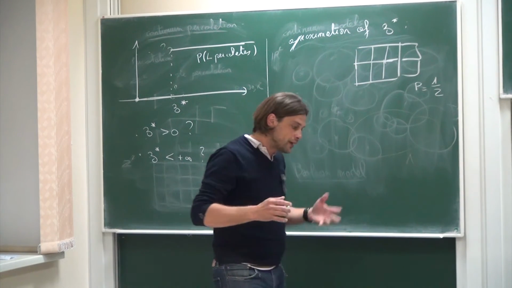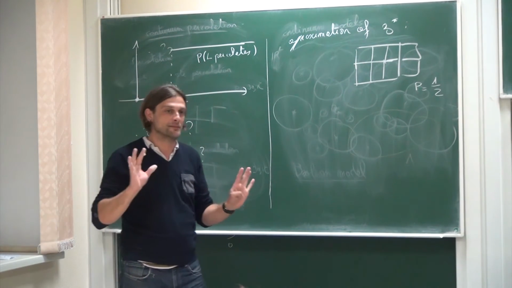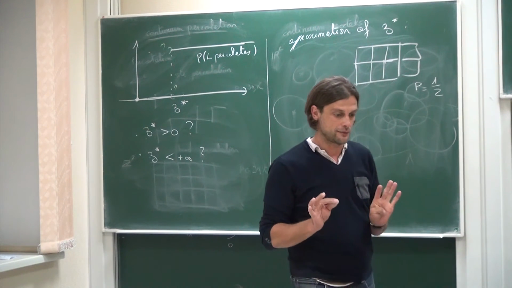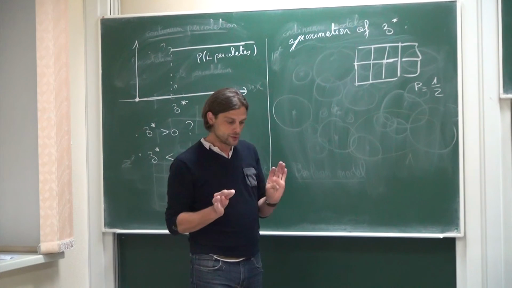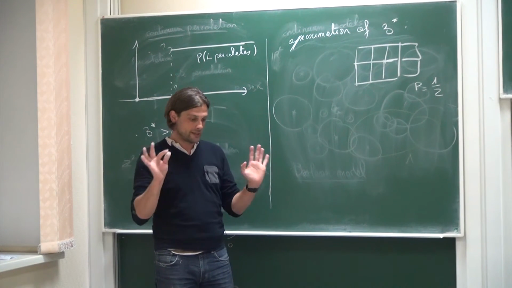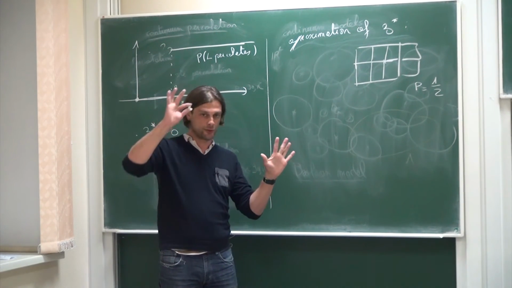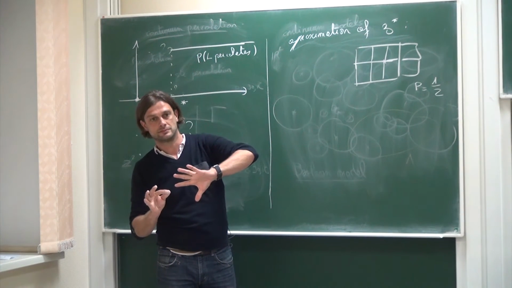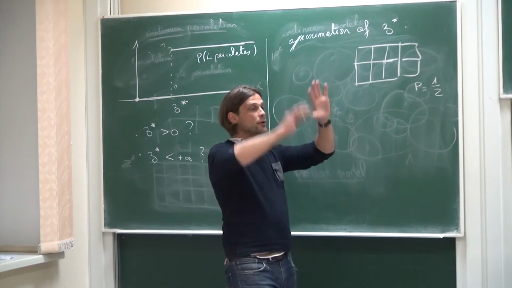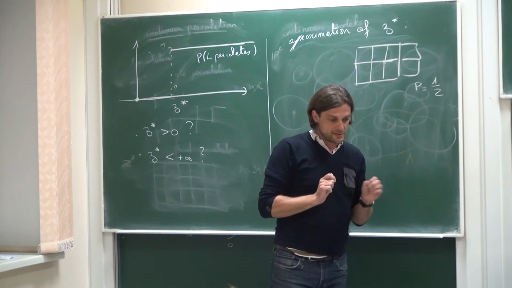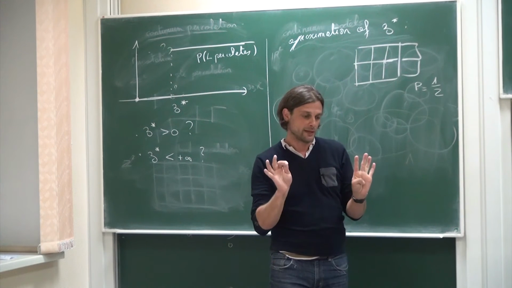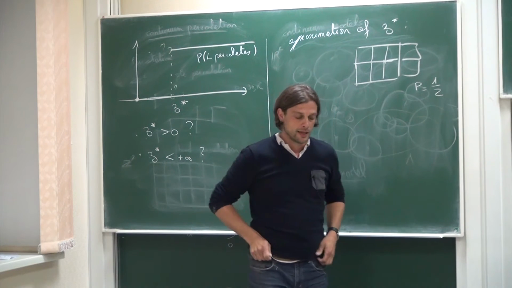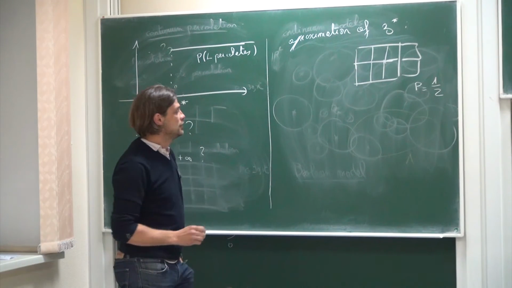But we can try to proceed as if it were the same. We look at the topology of the Boolean model, and we say the good equilibrium is when the number of connected components is equal to the number of holes. And you can do that with the Euler characteristic.